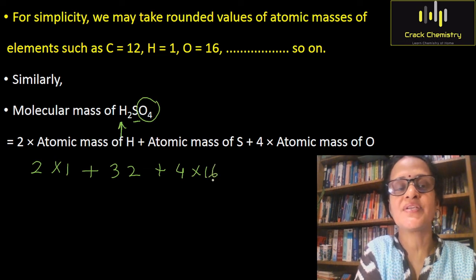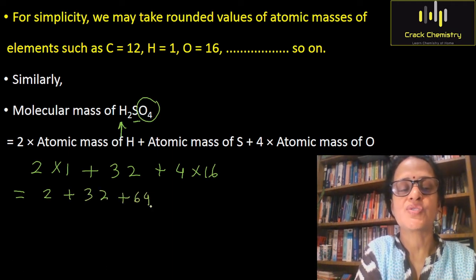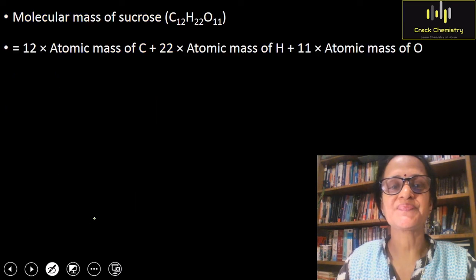So on calculating this, we will get the answer 2 into 1 is equal to 2, plus 32, plus 4 into 16 is equal to 64. So on calculating this, we will get the answer as 98 U. I hope it is clear to you.